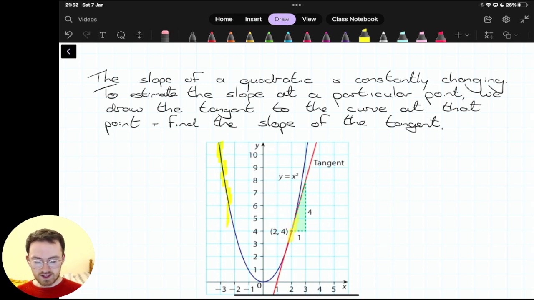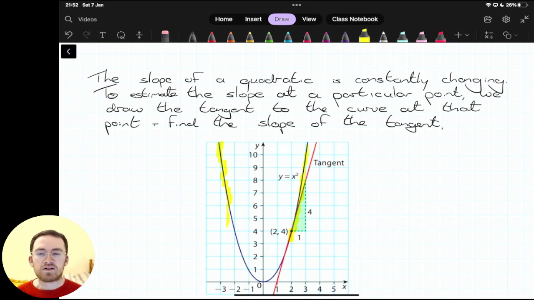But over on this side, the slope is increasing. So we can see straight away that the slope on one side is different to the slope on the other side. There might also be a case that the slope is at different levels of steepness at different points on the graph. So it's not as clean cut as we've had with a line.